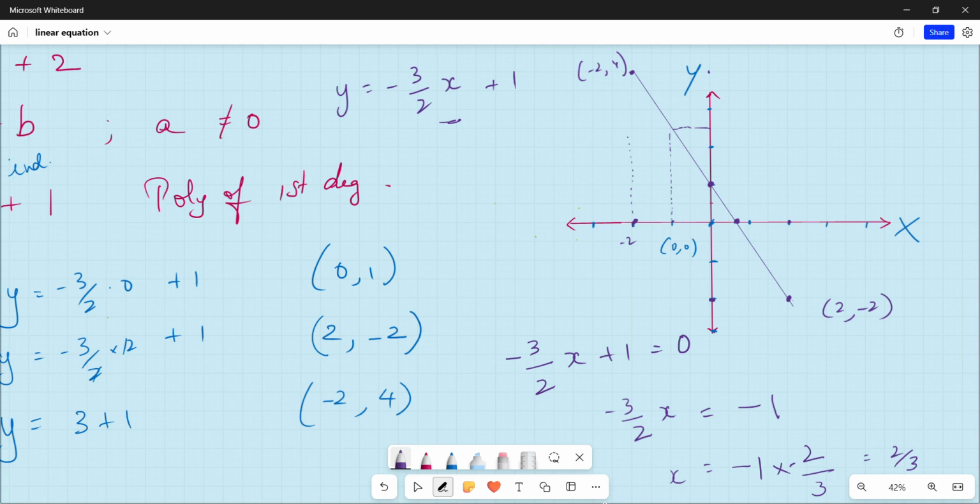So you have arrived at the x coordinate algebraically, it is 2 by 3. Here also, if you notice, this is 1 by 3 and this is 2 by 3. So this is the point 2 by 3 comma 0.